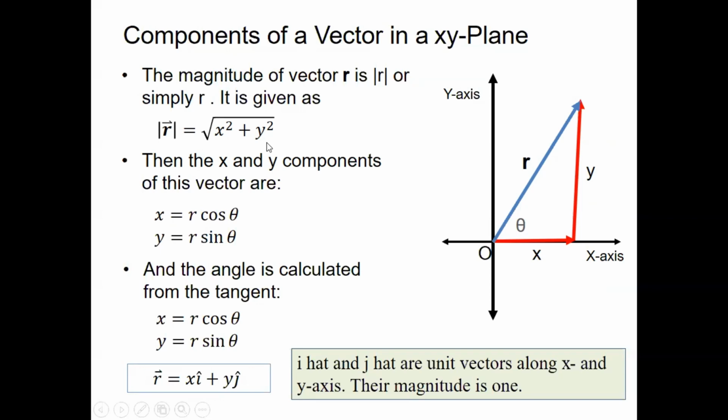Pythagoras theorem. Whenever I write the magnitude of a vector, I write the vector in bold-faced with some vector notation on top of it.